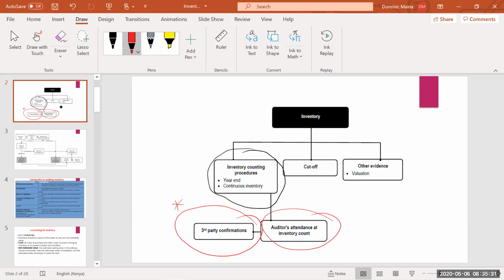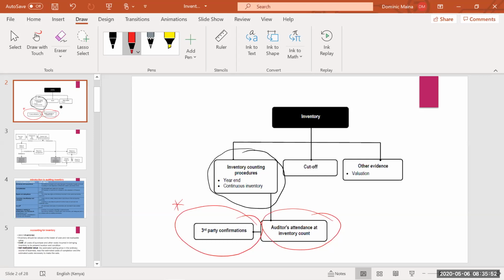As an auditor, you need to ensure that the client has reported those inventory, even though they are not in your client's warehouse. They need to appear on the balance sheet because they belong to the client; it's only that they have not been received so far.